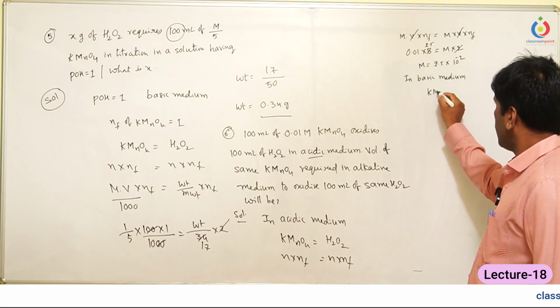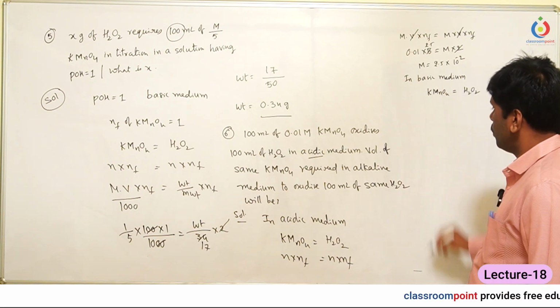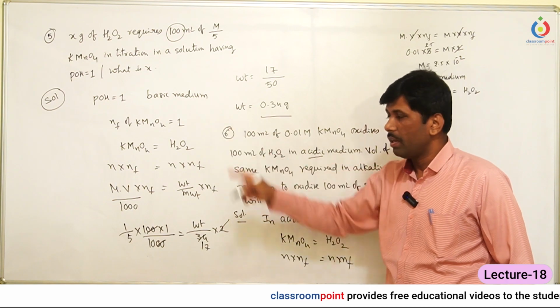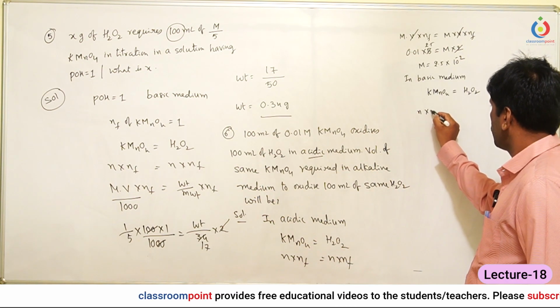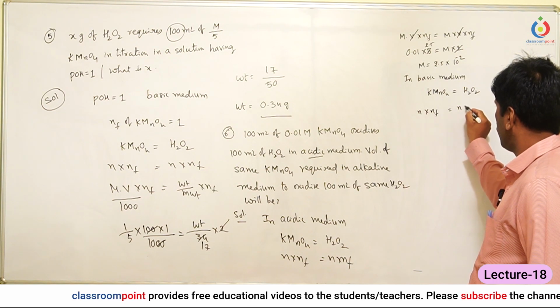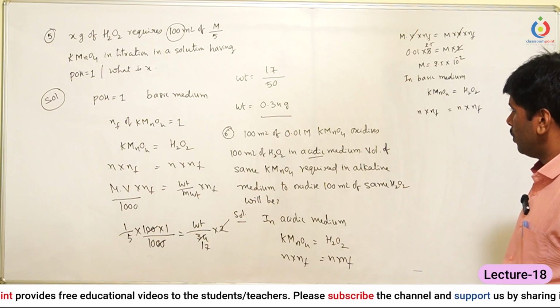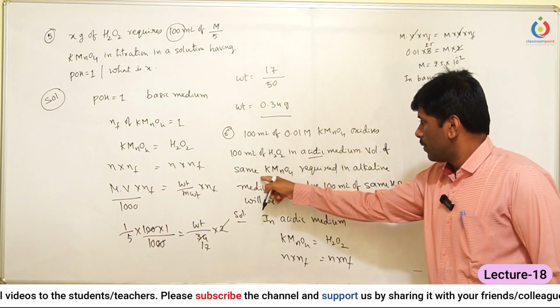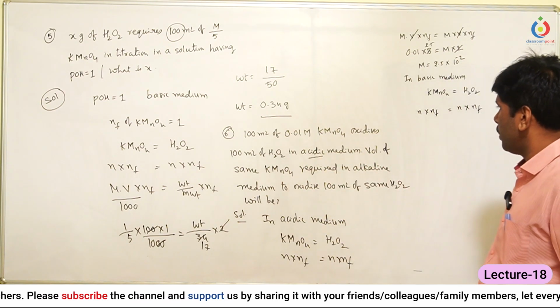Now let us use the basic medium. In basic medium, again the number of gram equivalents of KMnO4 equals that of H2O2. But in basic medium, the N factor value of KMnO4 we have already seen is 1. So again N into N factor of KMnO4 equals N into N factor of the H2O2. They asked the volume of the same KMnO4 required. Same means the concentration of the KMnO4 remains the same.